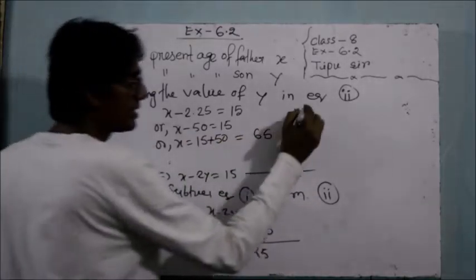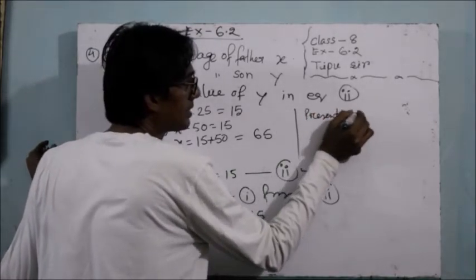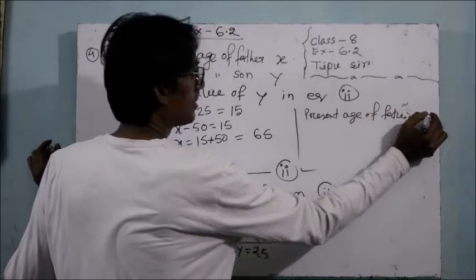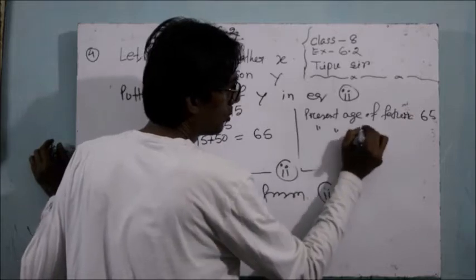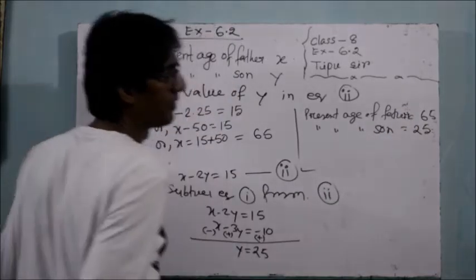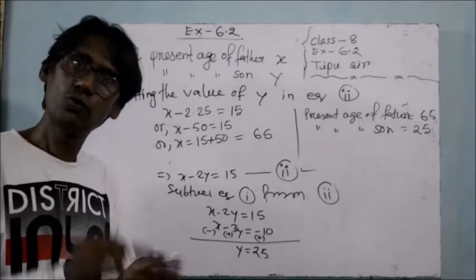So the answer is: present age of father is 65 and present age of son is 25 years. So we solve math number 4.